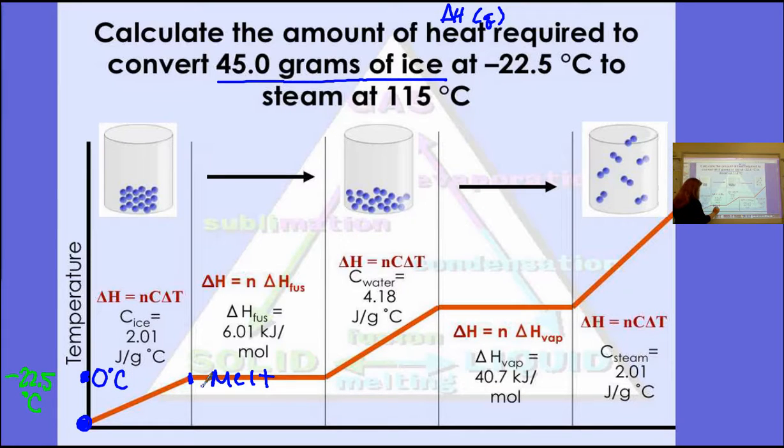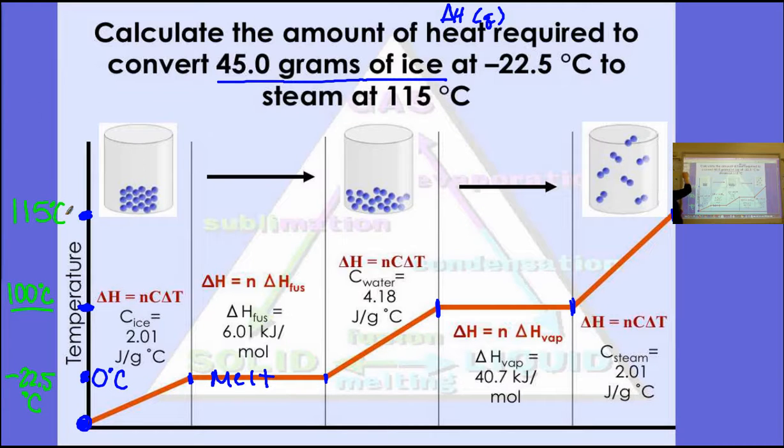After it's completely melted, I'm going to increase the temperature again until it boils. Again, water boils at 100 degrees Celsius. If it's not water, I'll have to give you a boiling point. And then from the problem, I'm going to continue to heat up my steam once it turns to steam until it gets to this point, and we're going to stop at 115 degrees Celsius.